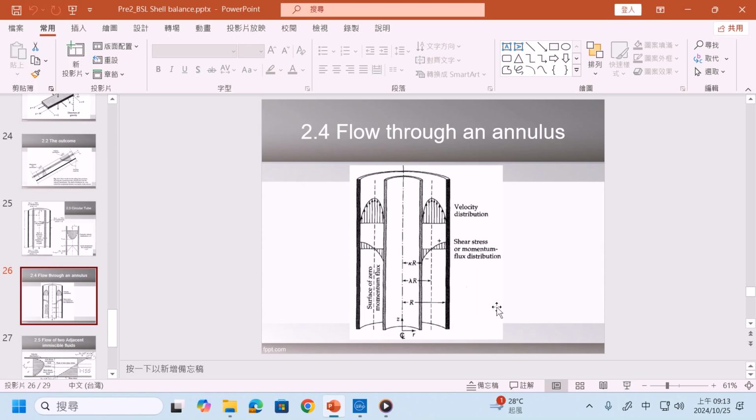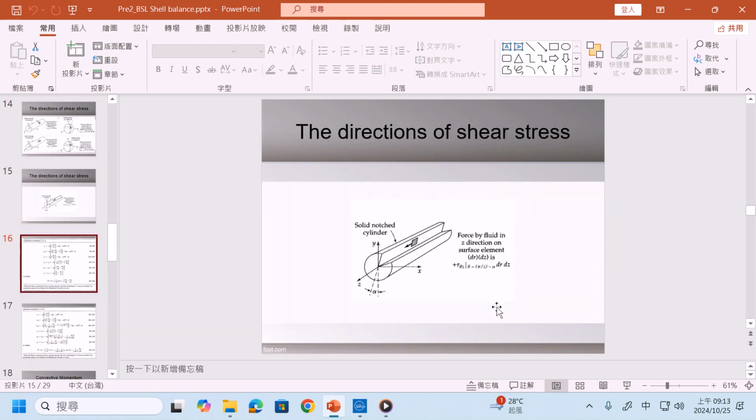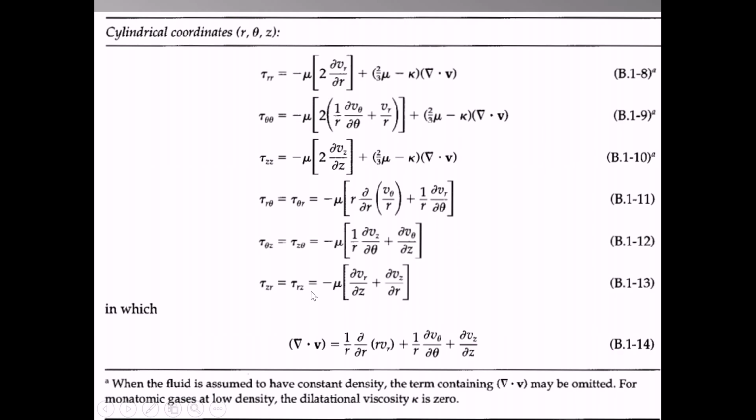For this tau RZ, we should use this one. So we get a tau RZ here. Tau RZ should equal minus mu times (partial VR over partial Z plus partial VZ over partial R). Nevertheless, we know VR is 0, so partial VR over partial Z should be 0. So we only have minus mu times partial VZ over partial R.